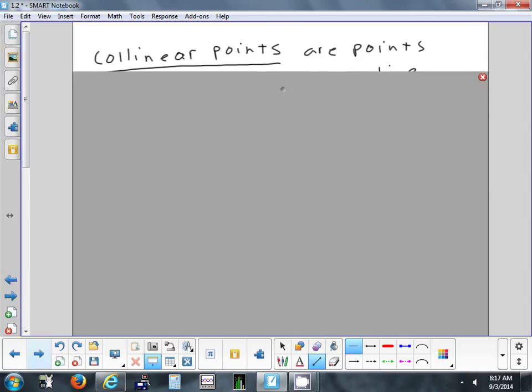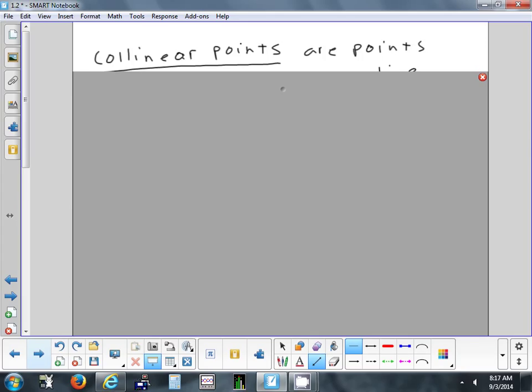Okay, the next thing is collinear points. The word co means with. So that might give you a hint about collinear points. Co means with. How about linear? If you look at the word linear, what word do you kind of see hidden in there?